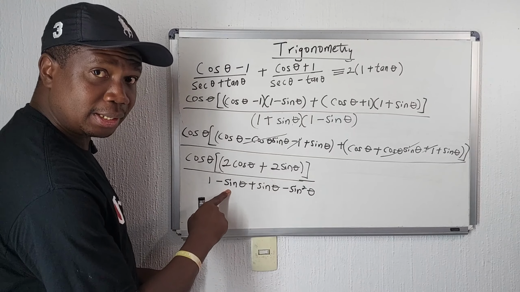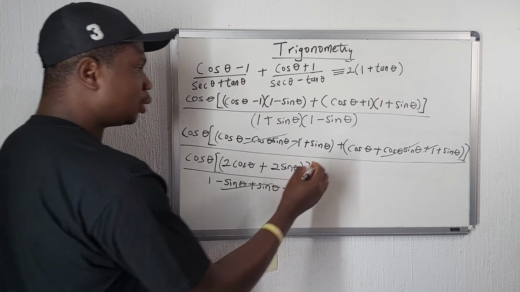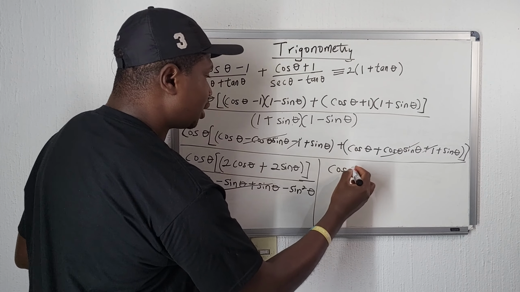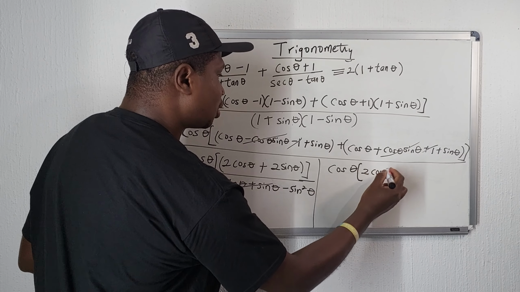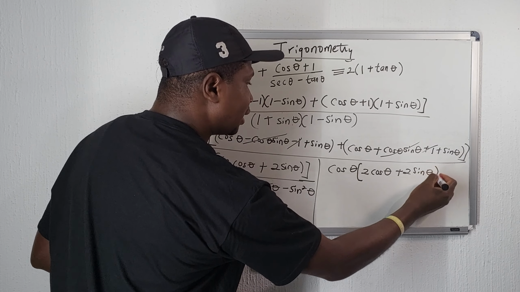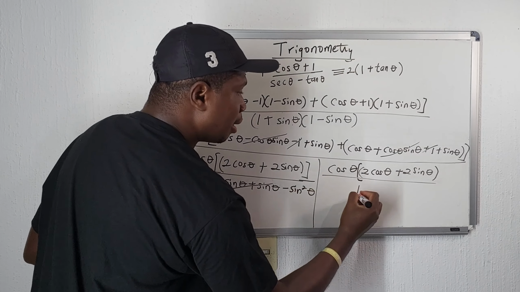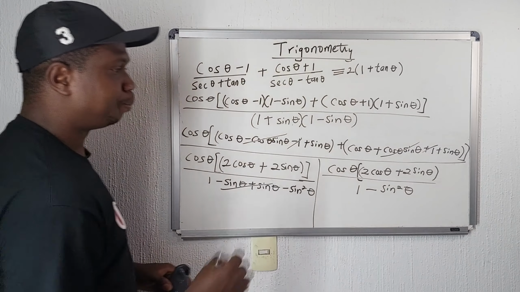And see, we have minus sine theta and plus sine theta, so it can go. So what do I have left? I have cos theta into what? 2 cos theta plus 2 sine theta, right? Over what? 1 minus sine square theta.